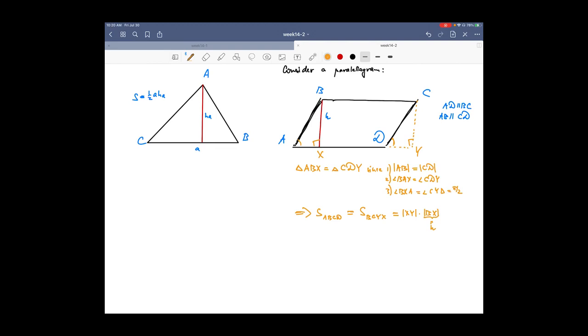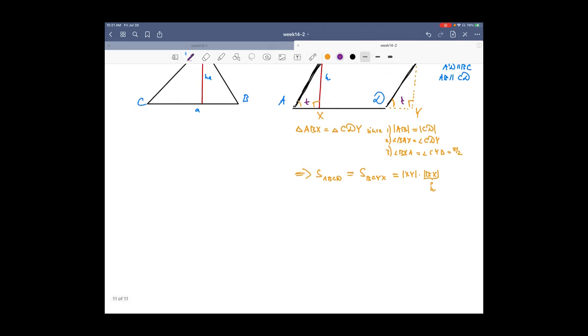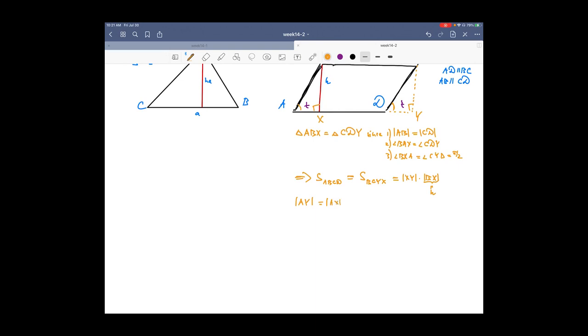What's left to do is explain that XY equals AD. Well, that should be fairly simple because if you call this piece, for instance, t, then by the equality of the triangles, this piece is also t.